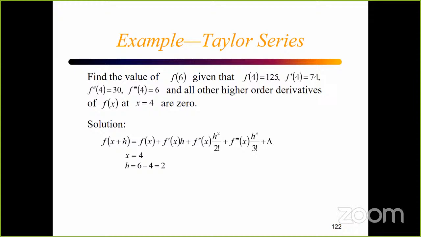What must be the value? We should know that f of x plus h is equal to f of x plus f prime of x times h plus f double prime of x times h square by 2 factorial, and so on and so forth, according to the Taylor series. When x is equal to 4, h is equal to 6 minus 4, so the step size is 2.